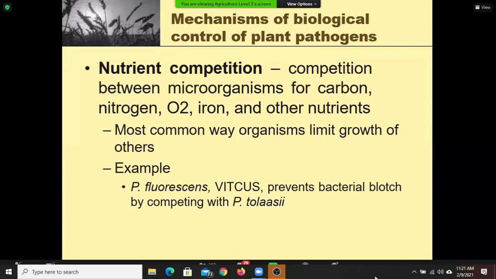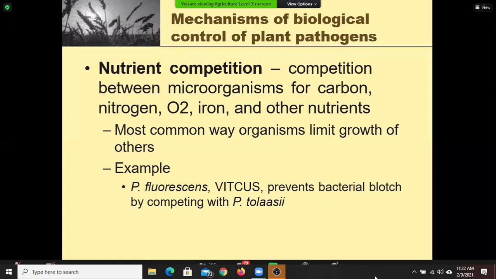So because of this competition, the pathogen becomes weak and weaker, and with the advancement of time it will be weakest, and it loses its energy to cause infection to the plant, because the pathogen doesn't get sufficient nutrient elements, so its growth, development, and reproduction will be stopped.